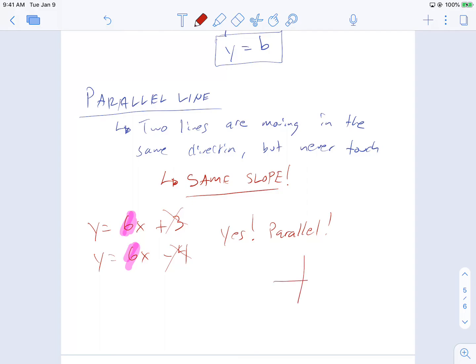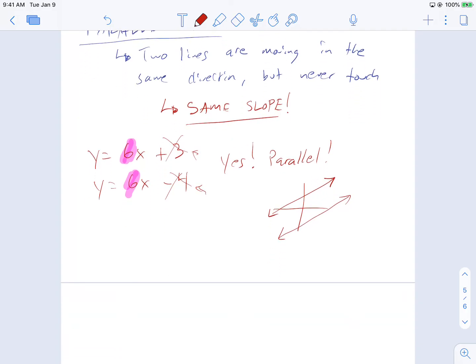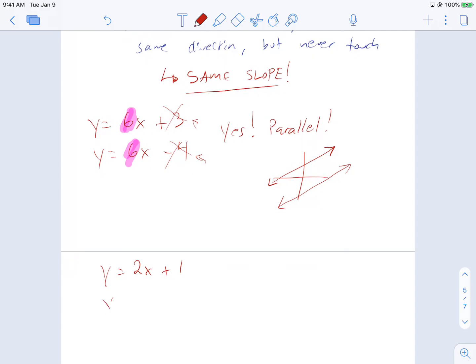And if you were to graph it, one, the 6x plus 3, would probably look something like that. And the other one, the 6x minus 4, might look something like that. But it doesn't matter where their y-intercept is. It just matters that they're moving in the same direction. They're never going to pass. So if I had y equals 2x plus 1 and y equals 2x minus 100, still doesn't matter. These things are parallel because I have the same slope.